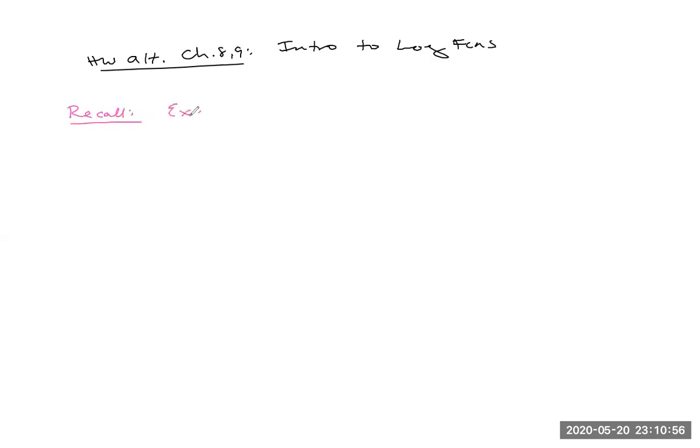Okay, so recall, suppose we have an example like, if we have f of x equals 3x plus 5 over 2, we want to find the inverse function.